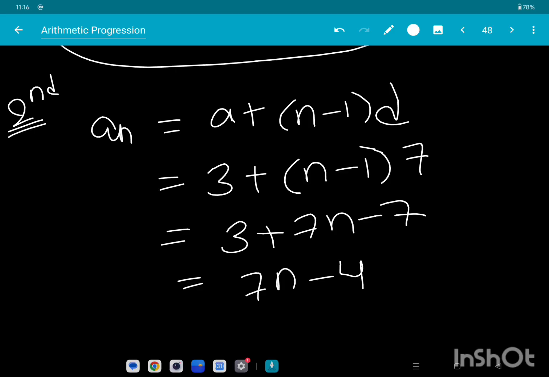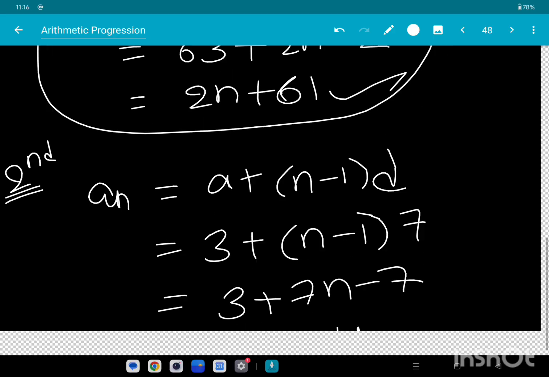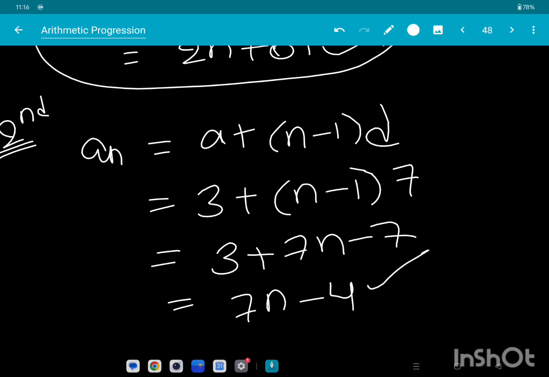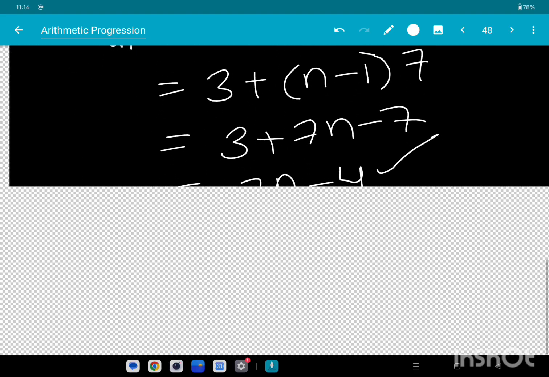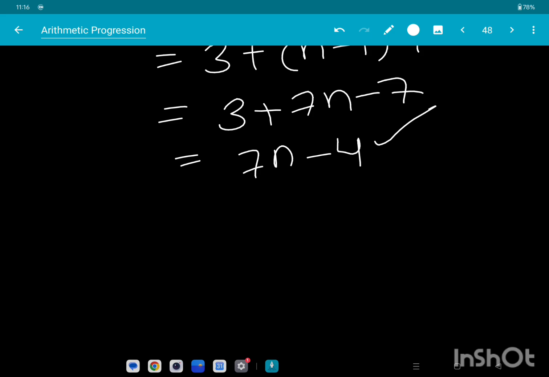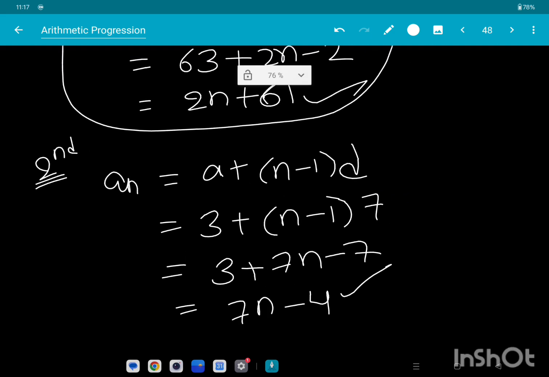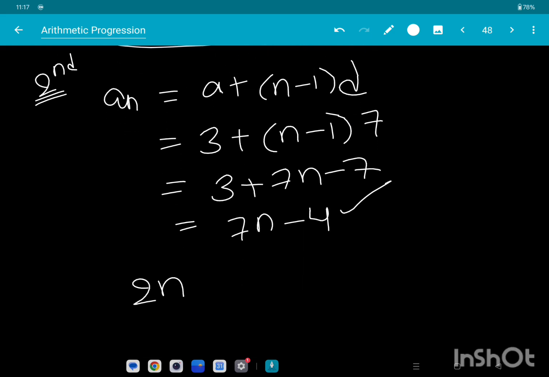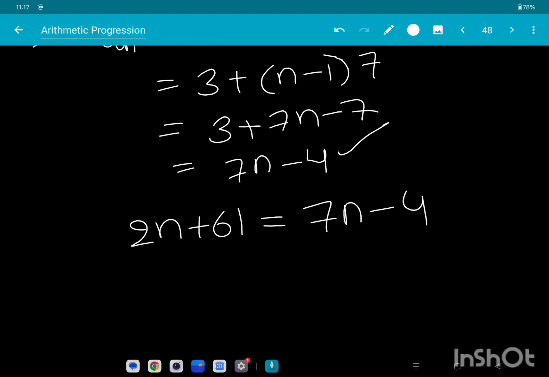It was given for which n value they are equal, which means this value and this value can be equal, and then we need to find the n value. So 2n plus 61 is equal to 7n minus 4, because both are equal. That was the question it was asking, right?